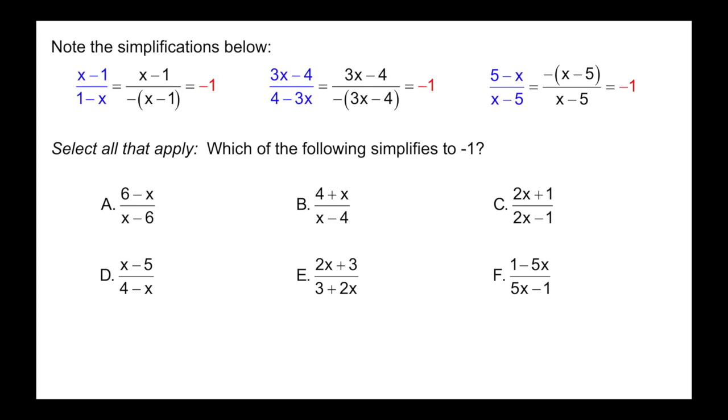So 2x plus 3 is equivalent to 3 plus 2x, so that would be reducing to 1. And then for F, I've got a +1 here and a -1 here, a -5x here and a +5x here. So this is another situation where, since we want both of the top or both of the bottom ones to change, I could GCF a -1 and cancel from there. So my answer to this is going to be A and F.